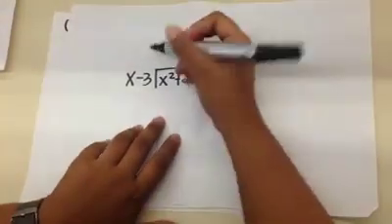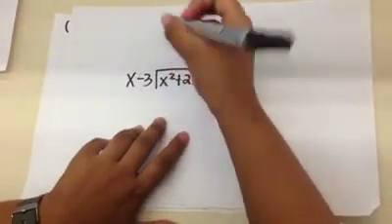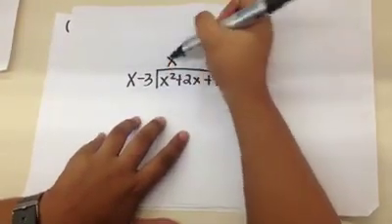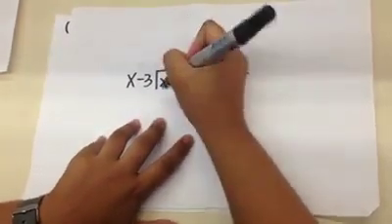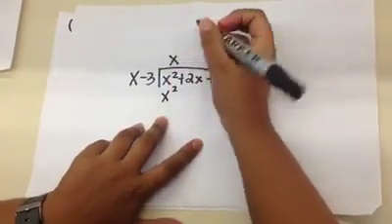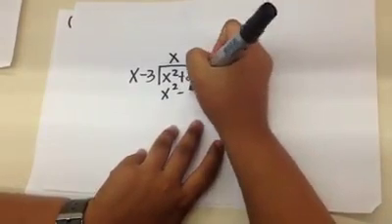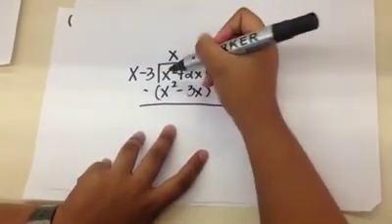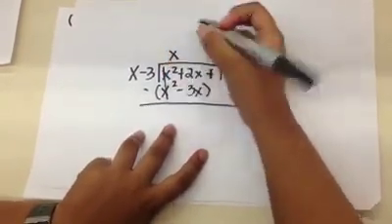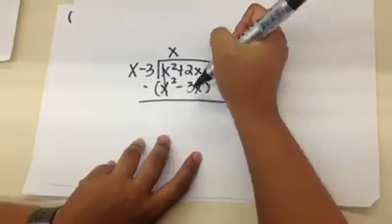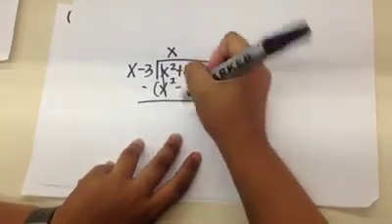X squared divided by x is equal to x. X times x is equal to x squared. And x times negative 3 is equal to negative 3x. Then subtract. X squared minus x squared is equal to 0. And 2x minus negative 3x is equal to 5x.